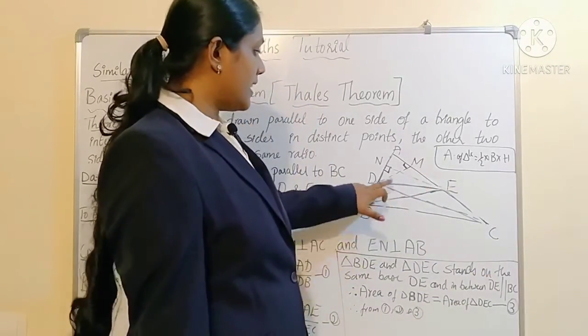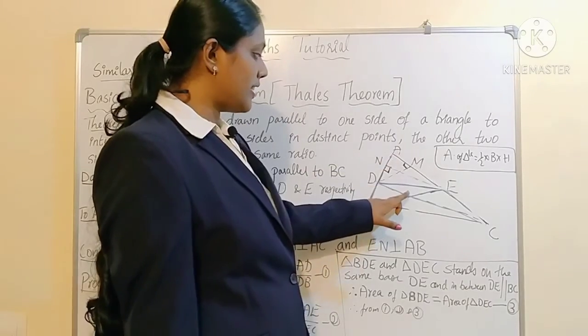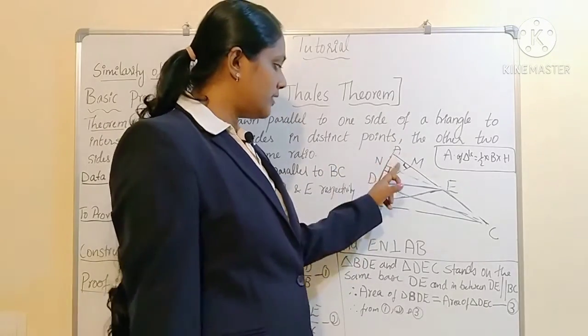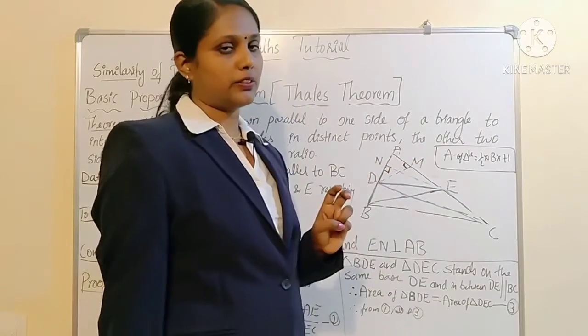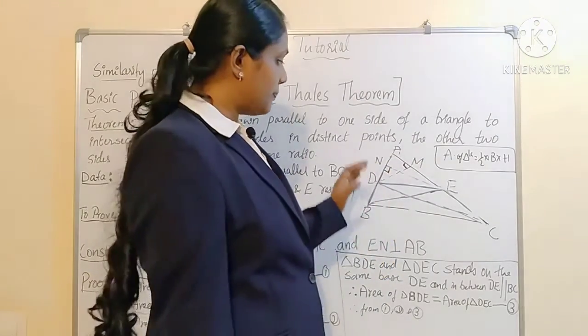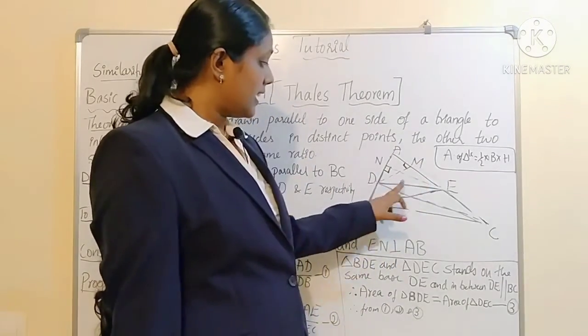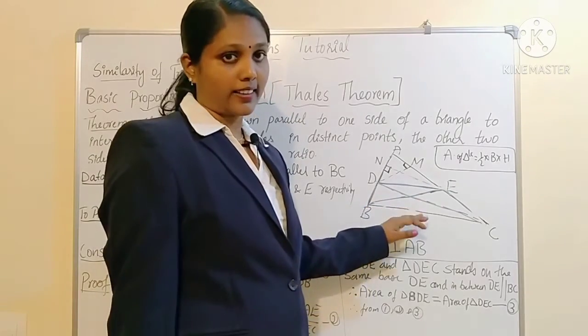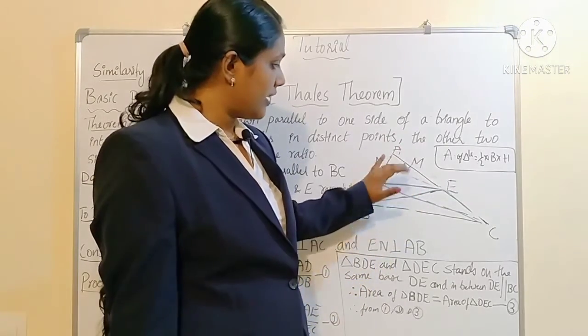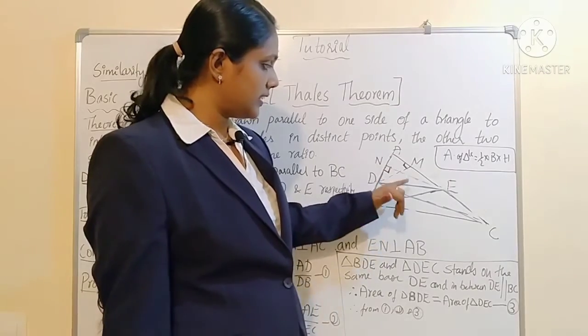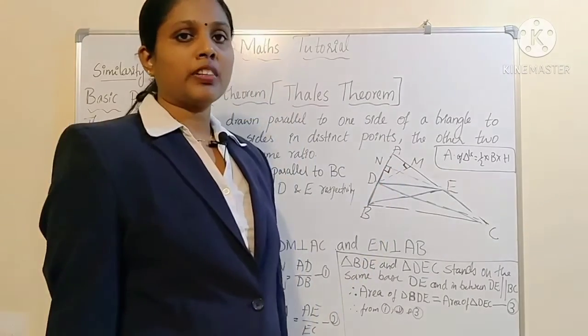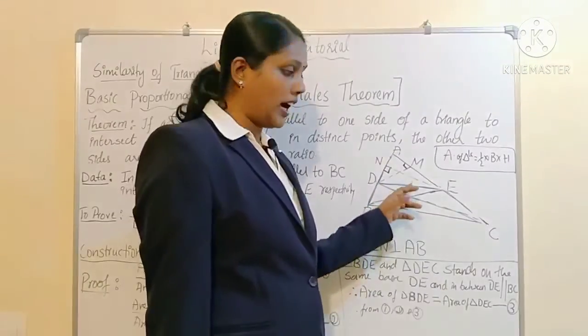Now we have seen this divided by this, what we have got, and this divided by this triangle, what we have got, and we are telling that these two triangles are equal.